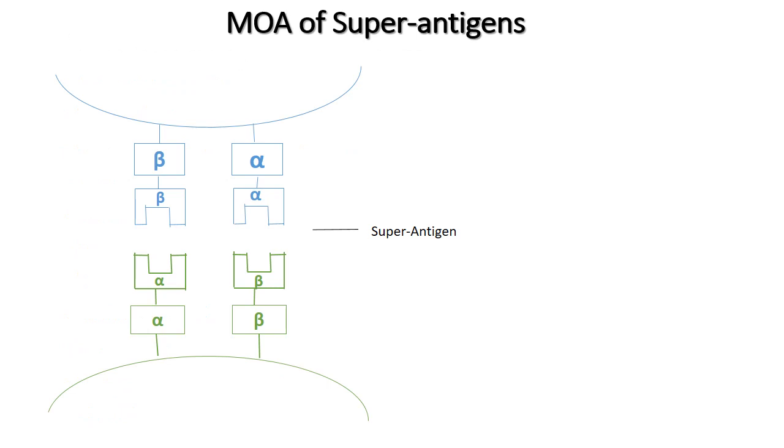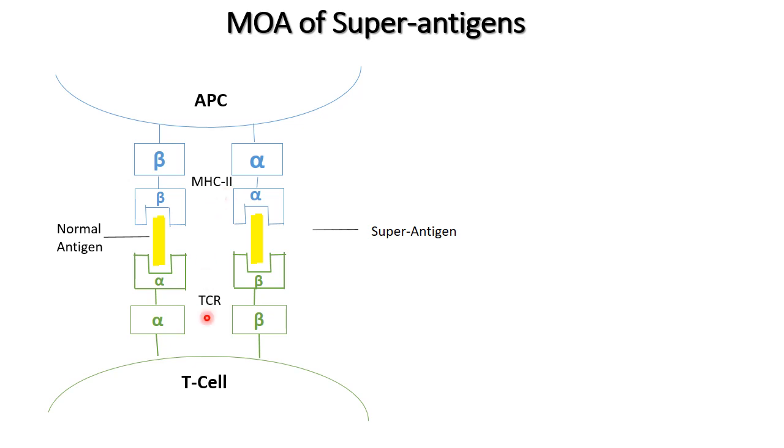Now let's talk of the mechanism of action for super antigens. So remember, in normal antigen presentation, we have an antigen presenting cell which has got major histocompatibility complex type 2, and then we have the T cell which has got T cell receptors. So these are the receptors for the two cells, such that a normal antigen which has been processed by an antigen presenting cell will be presented on its major histocompatibility class 2.